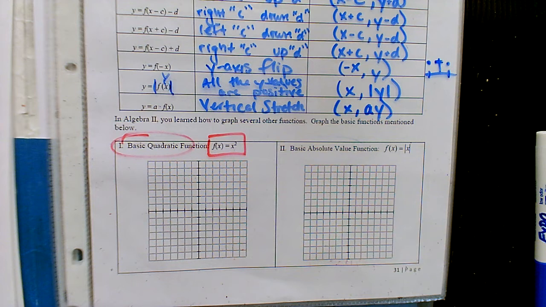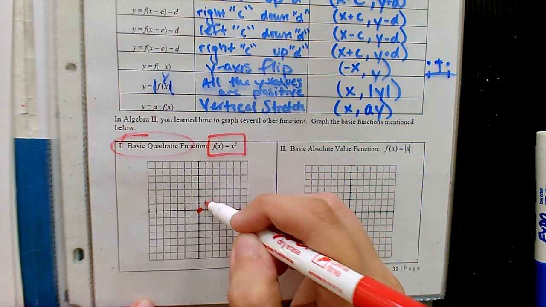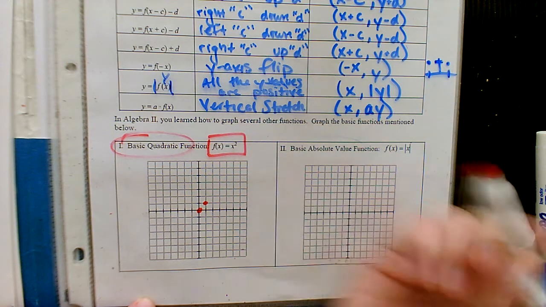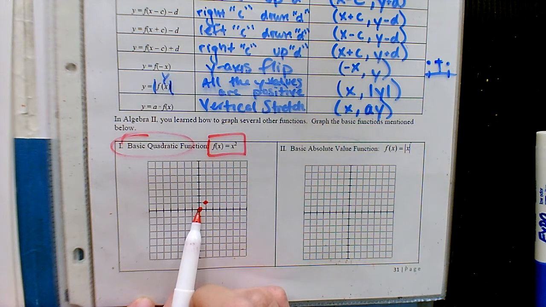X squared. What do you think, Eli? It's kind of like the same with the square one when it goes up the y-axis. Okay, so let's see, if we plot some points, we can plug in 0, 0 squared is 0. If we plug in 1, 1 squared is 1.